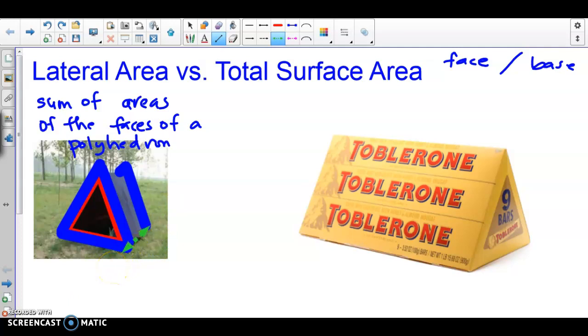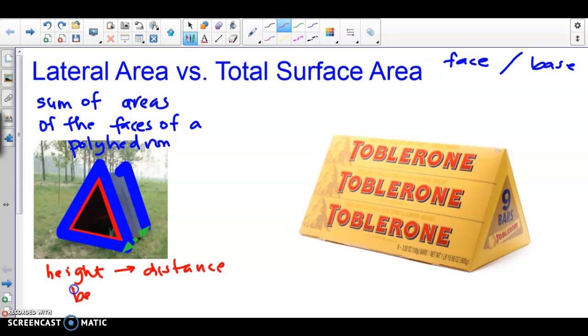So when we say height of a polyhedron, that's actually defined as the distance between the parallel bases. There you go.